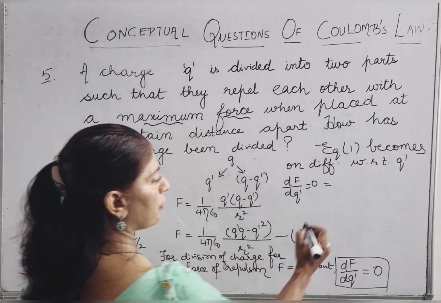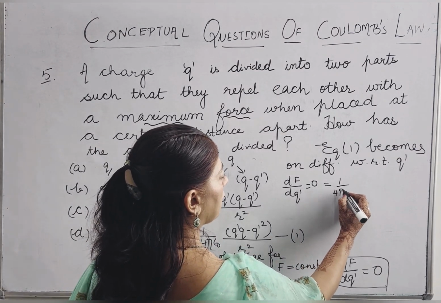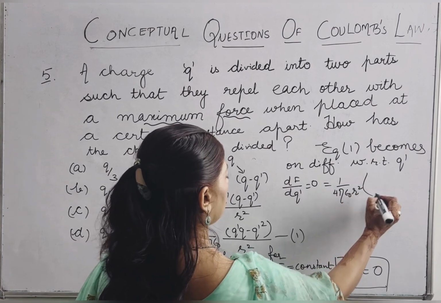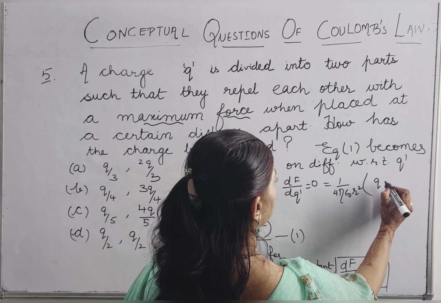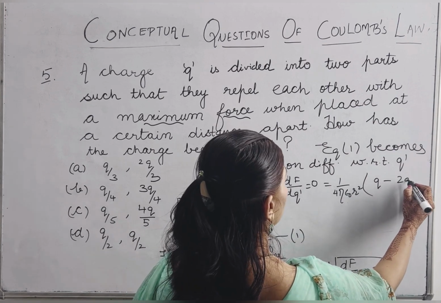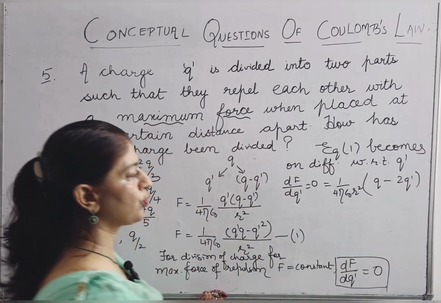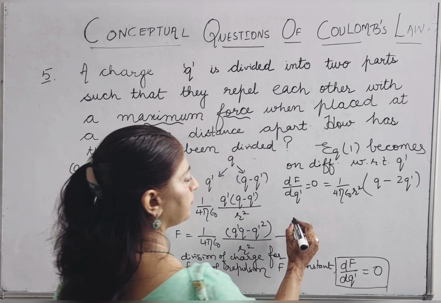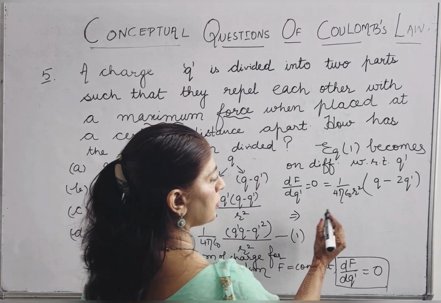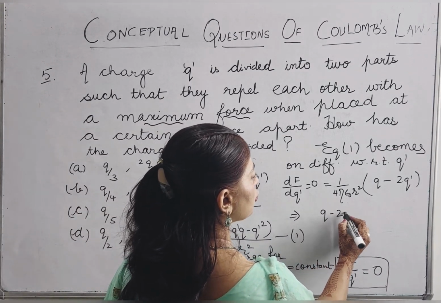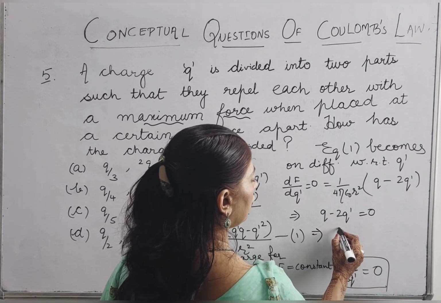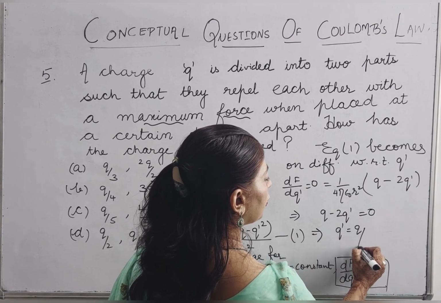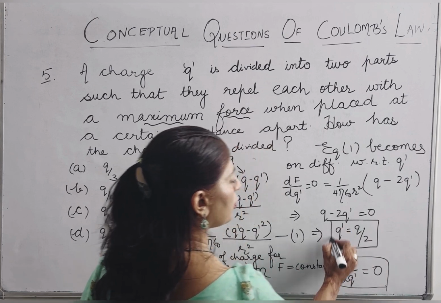R is a constant value, 1 by 4 pi epsilon naught R square, Q minus 2Q dash, or from here we get Q minus 2Q dash is equal to 0, or Q dash is equal to Q by 2.